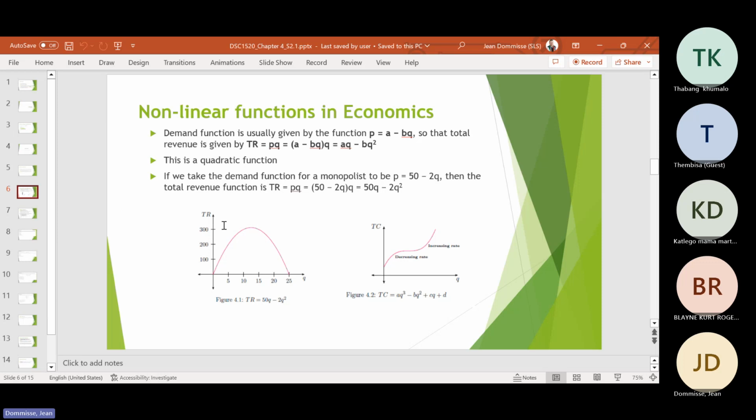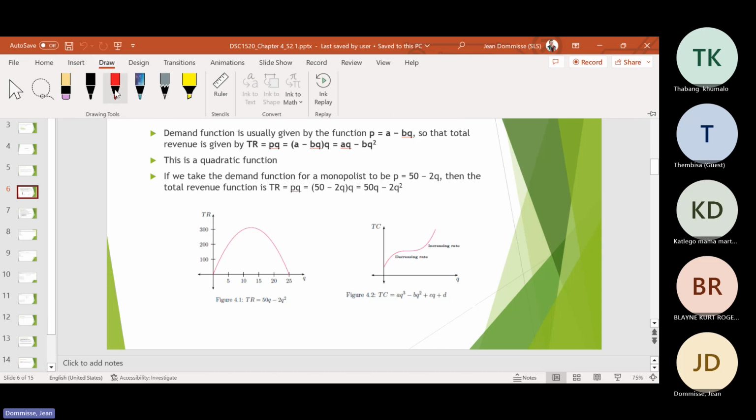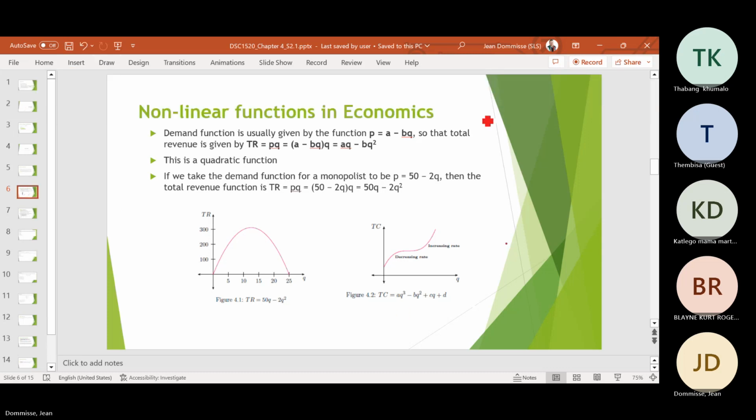What you will also remember is that in the first assignment we had demand and supply curves, but we also looked at total cost, which was a function of your variable cost plus fixed cost.